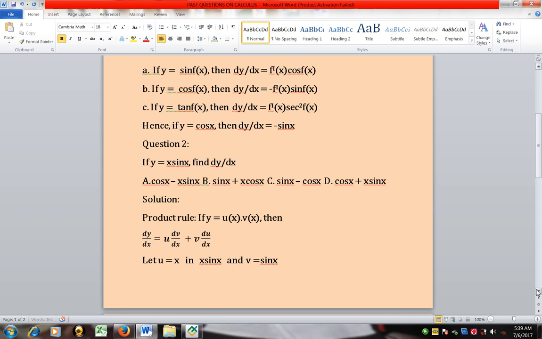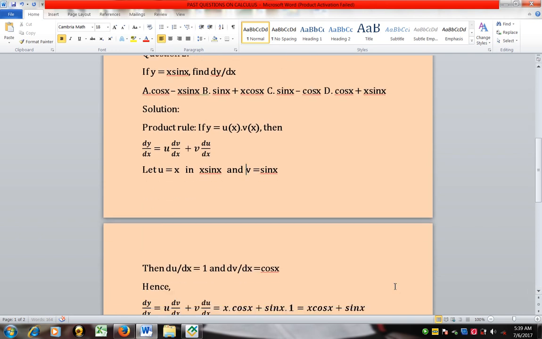Now we're going to differentiate. Since our u is x, du/dx will be 1. Our v is sine x, so dv/dx will be cos x. Now we have u as x, v as sine x, du/dx as 1, and dv/dx as cos x.